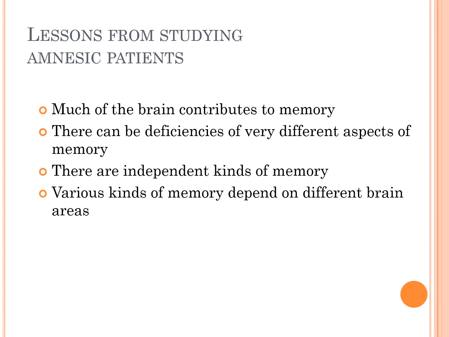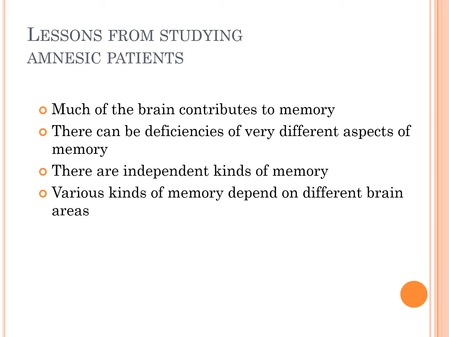So, lessons from studying many different kinds of people with amnesia: much of the brain contributes to memory. There can be deficiencies of very different aspects of memory with other aspects of memory relatively intact, where we see these double dissociations. Even though, of course, they communicate with each other and contribute to each other, one area can behave independently of another area and vice versa.